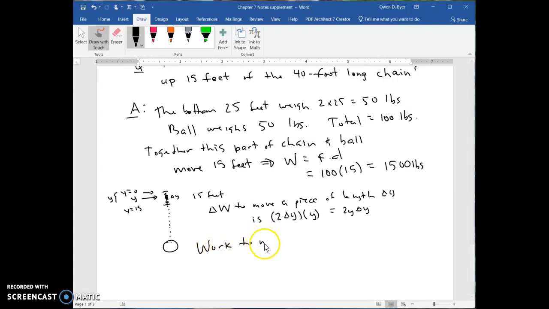And the total work to move those 15 feet of chain, we're going to integrate from 0 to 15 of 2y dy, which is y squared from 0 to 15, and you get 225 foot-pounds.